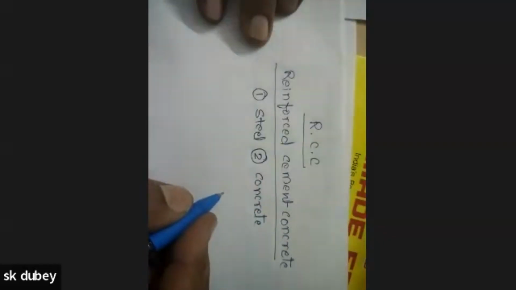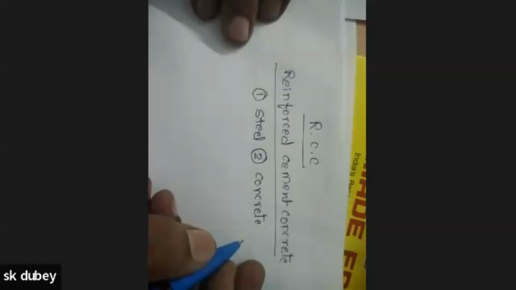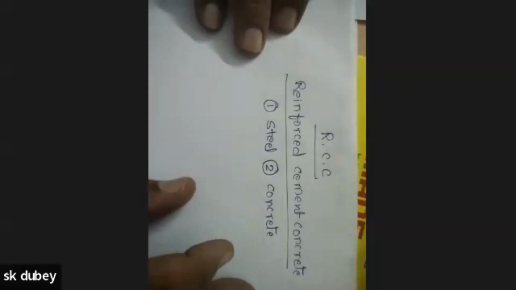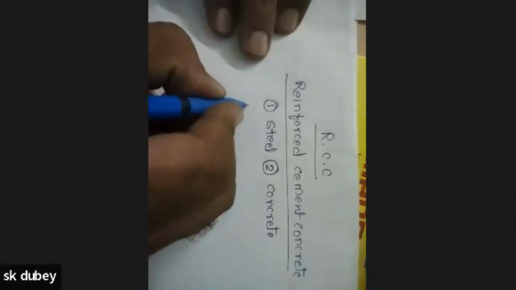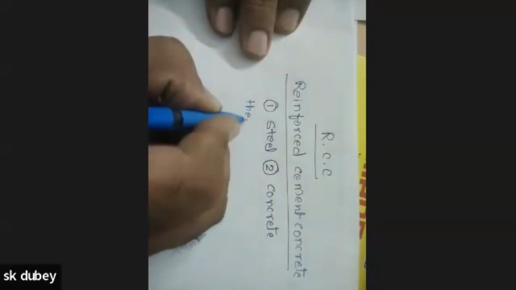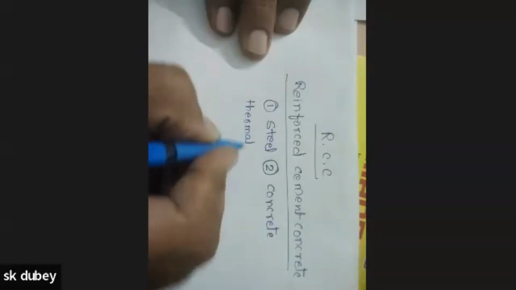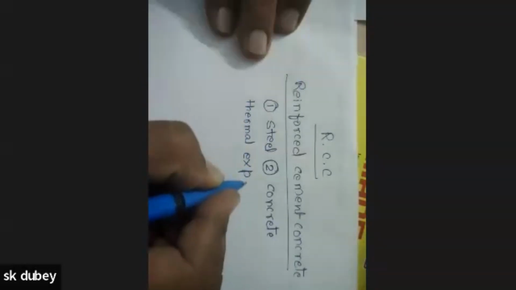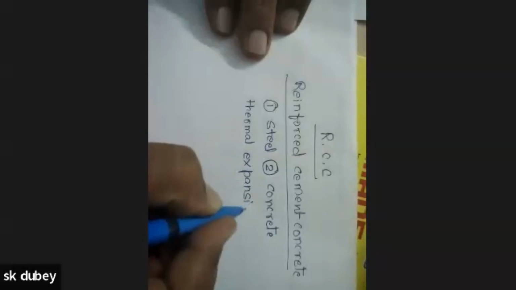Now the main reason that we have steel and concrete in RCC is because both have a similar thermal expansion coefficient, more or less.